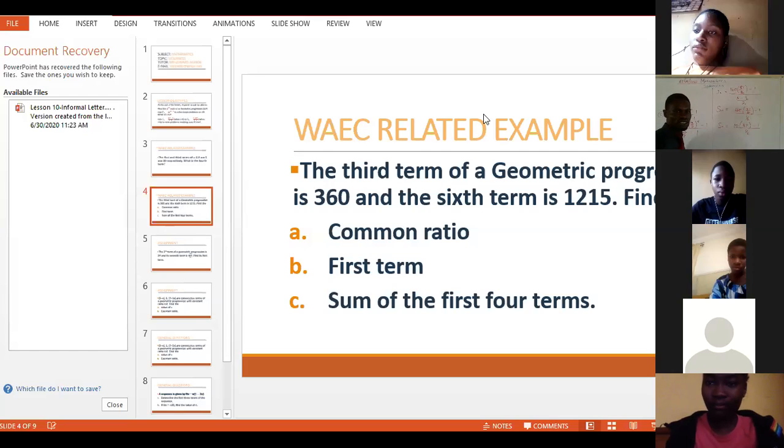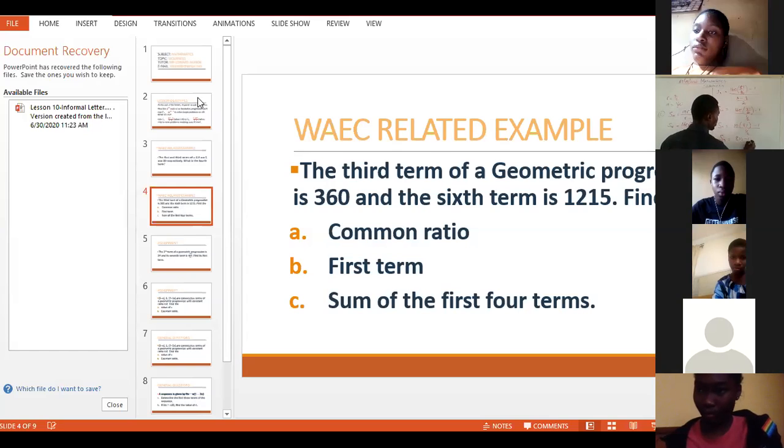We are reducing it. So the reduction continues. Next step is 10 times 81, which will give you 810 minus 1. So you have Sn is equal to 810 minus 1 all over 1 over 2.